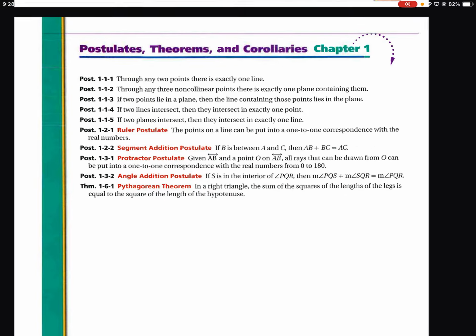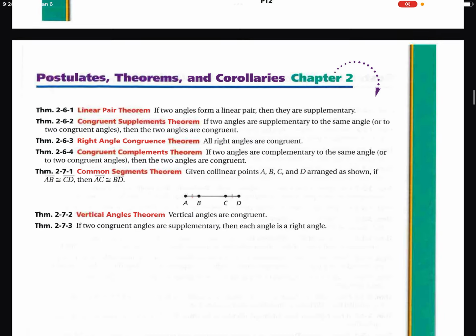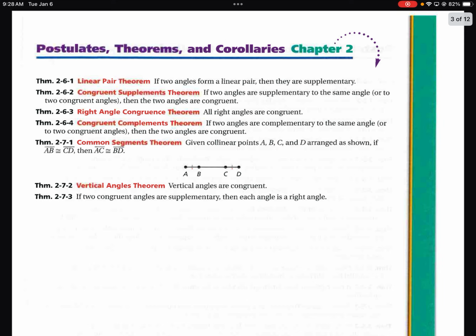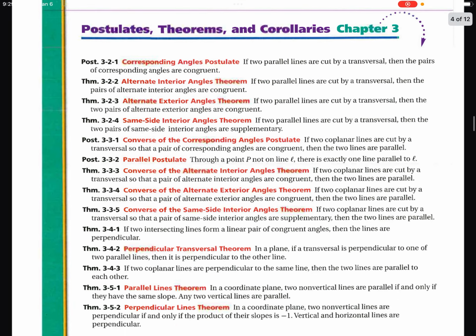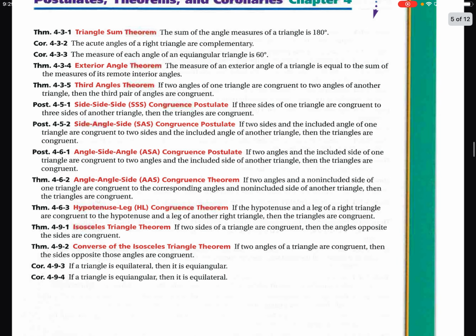So if you take a look, we've used the angle addition postulate and the segment addition postulate in proofs before, but you may use things, here you go. The right angle congruence theorem says all right angles are congruent. The vertical angles theorem says all vertical angles are congruent. So if you're like, okay, she used something and I have no idea what that means, you can go back here. Okay? You may have to do some searching.